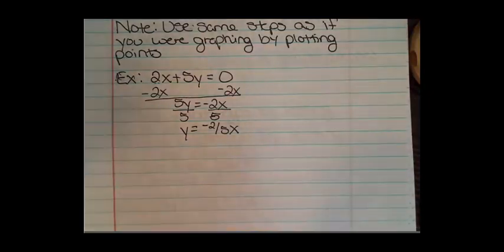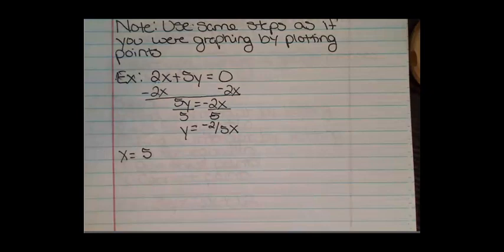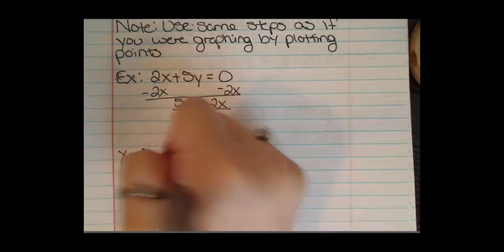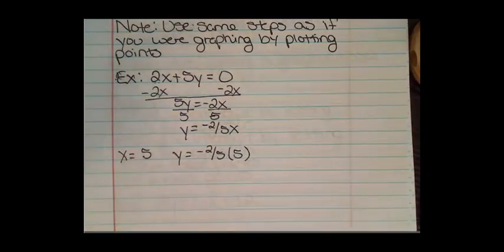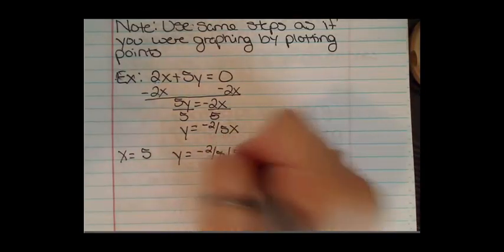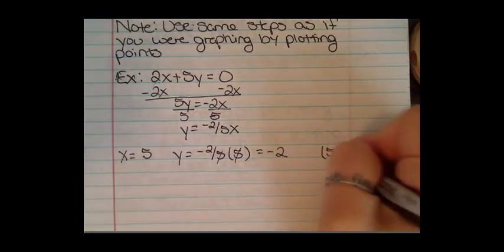So x equals 5. Then y will be -2 over 5 times 5. My 5's will go away, which will just leave me with a -2. So that's 5, -2 is my ordered pair.